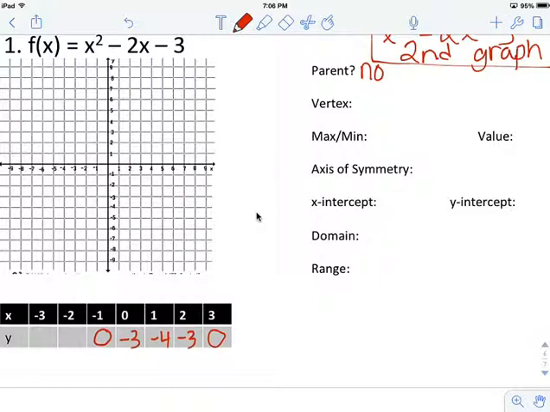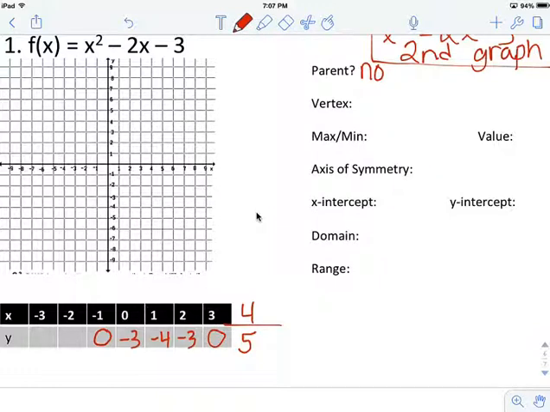Now I'm going to actually keep going because we can fit more points on this graph. If I plug in 4, I'm going to get 5. And if I plug in 6, I'm going to go off the graph. So we can just stop at 5.